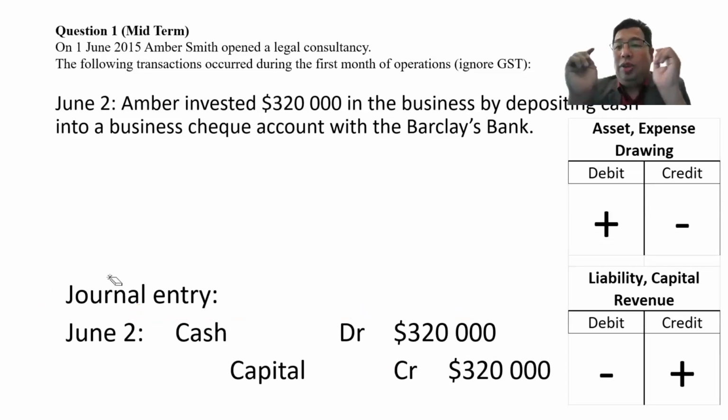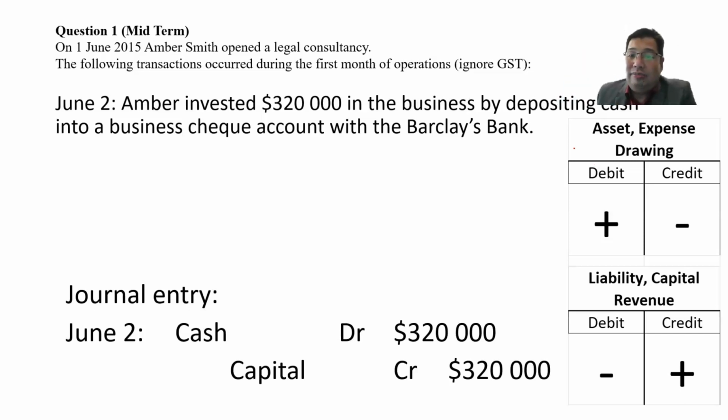So in this example, Amber invested 320,000 in the business. He's opening a legal firm. Previously, there is zero balance in the business bank account. When Amber gives 320,000, the assets or the cash balance increase.